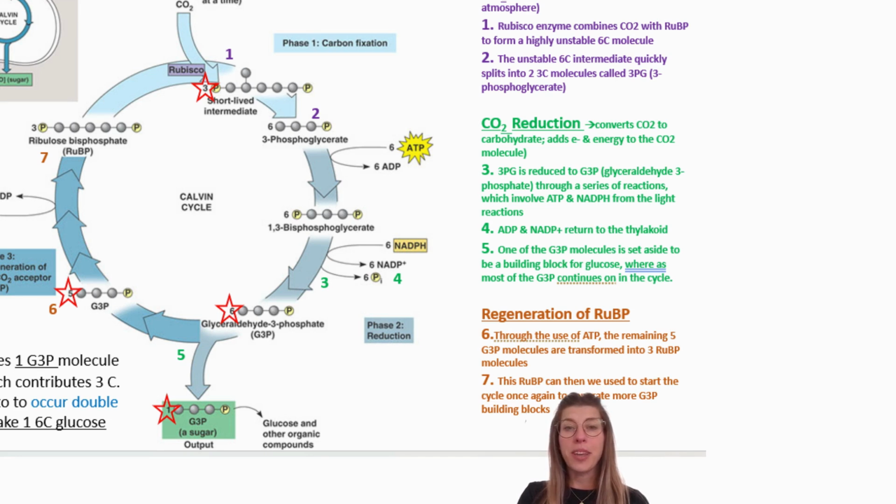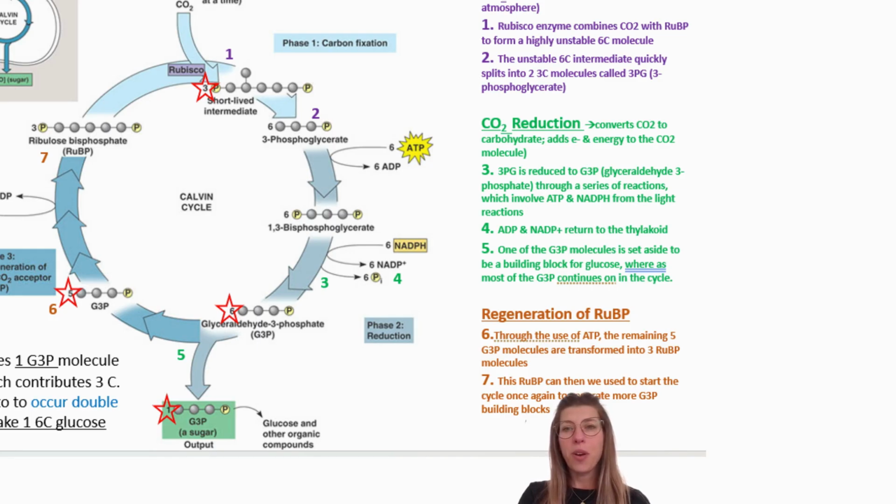So that 3-PG molecule at the end of stage 2 in carbon fixation is reduced to G3P through a series of reactions which involve that ATP coming in and NADPH, as you can see as well, from the light reactions.